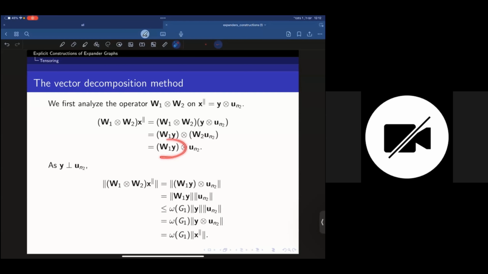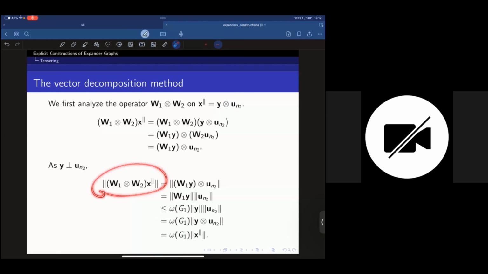That gives you W1 y times uniform, because it's regular, and the uniform vector is an eigenvector of eigenvalue 1. So you see what happens when you apply this to x parallel. G1 acted on the information, and the non-information stays intact. I think of this as the information, and this as the non-information.